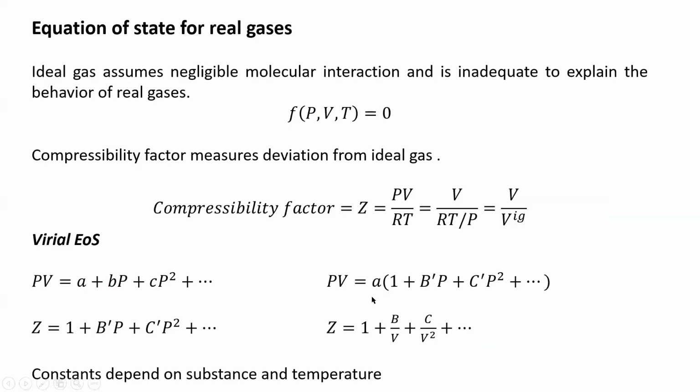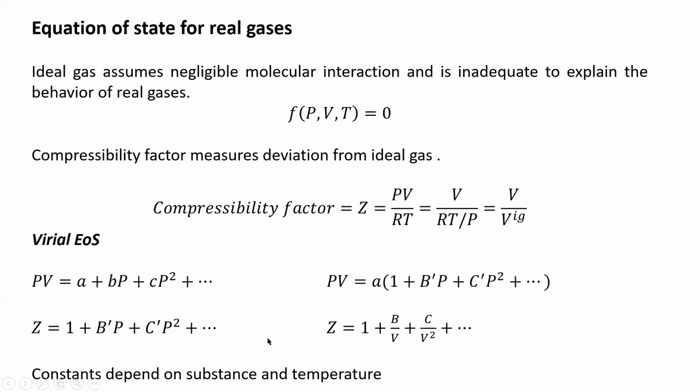So we can say that A is equal to RT and all the other terms tend to zero. That's why A is equal to RT. Using that, we get Z is equal to 1 plus B prime P plus C prime P square and so on.